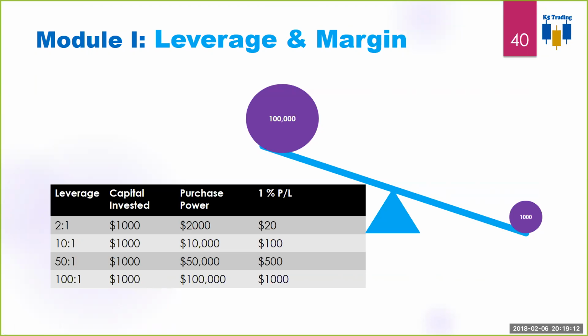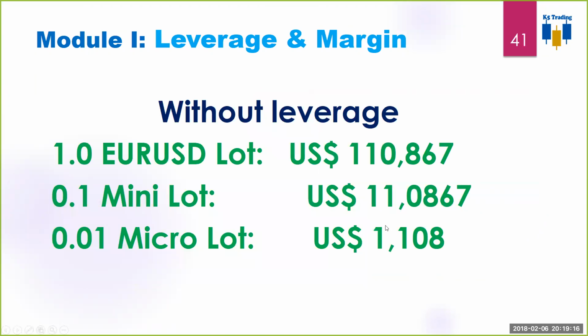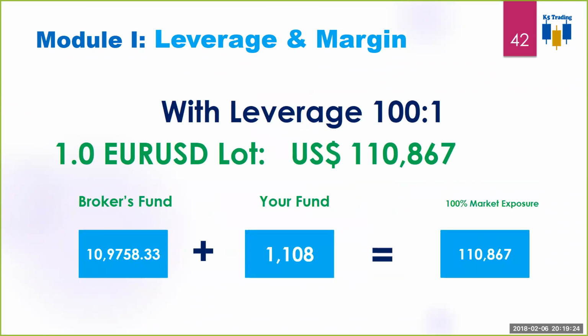Without leverage for one lot, you need that much. For mini lot, you need $11,000, and for micro lot, you need $1,100. With the leverage of 100 to 1, one Euro USD lot size requires $110,867. Broker will give you $109,759.